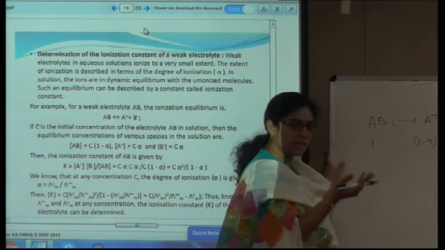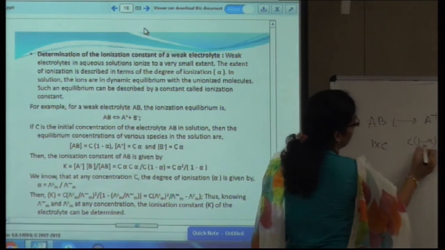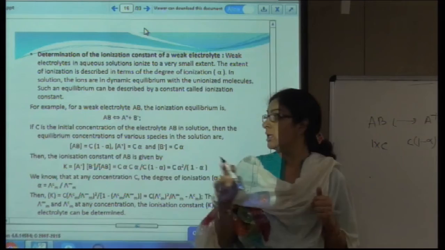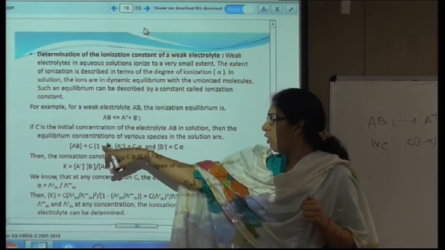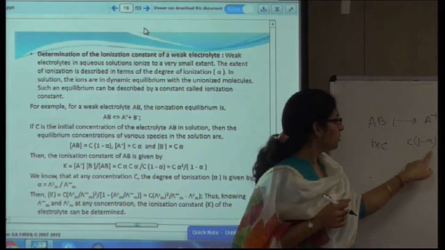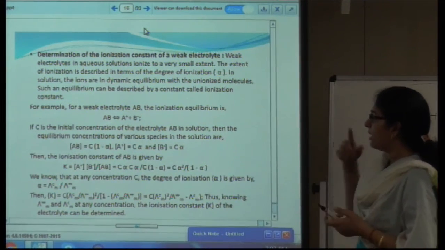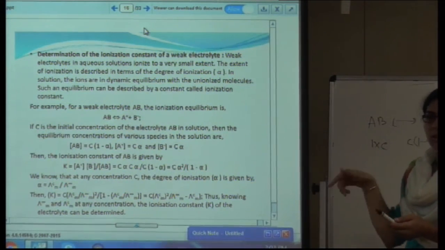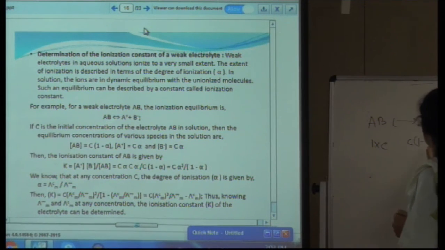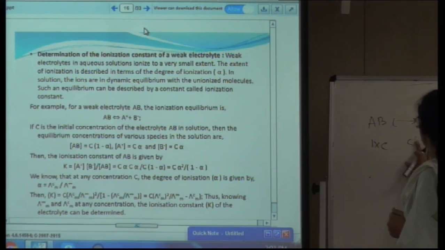If you have taken C, then you multiply the entire thing by C. So if you take C molar of AB, you are going to have C into 1 minus alpha of AB, and C alpha of A plus and C alpha of B minus will be formed, that is what I have written here.